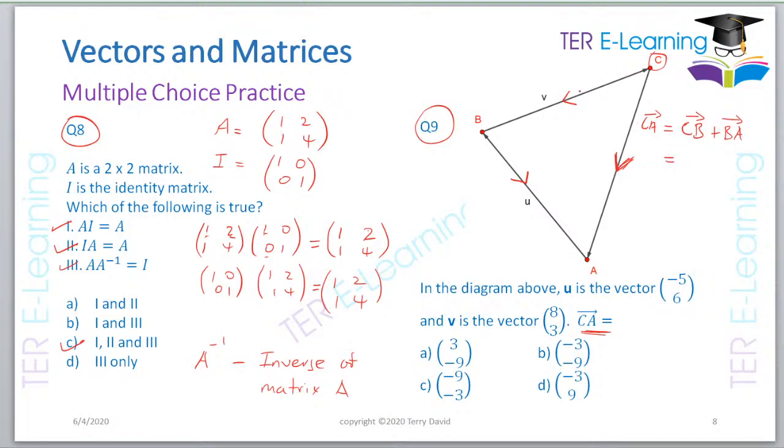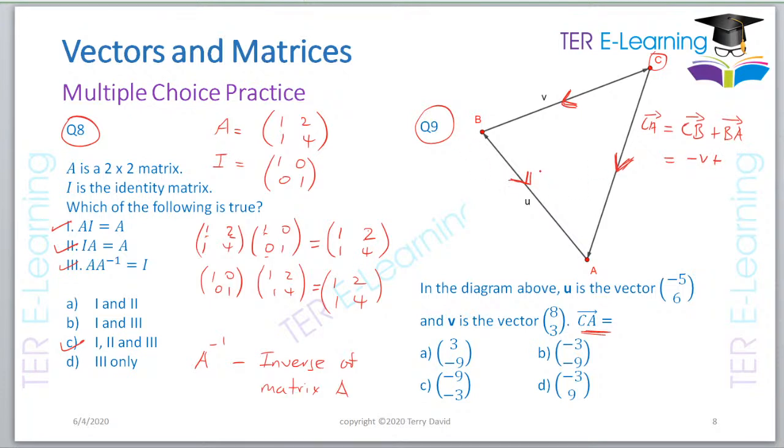CB is equal to minus V, because BC was actually equal to V. But look at this arrow here. I'm moving in the opposite direction. That's why I need to put a minus sign here. And then I'm going to add, so plus BA.